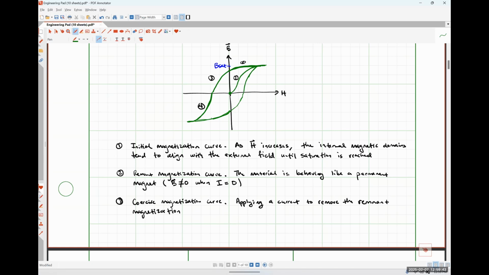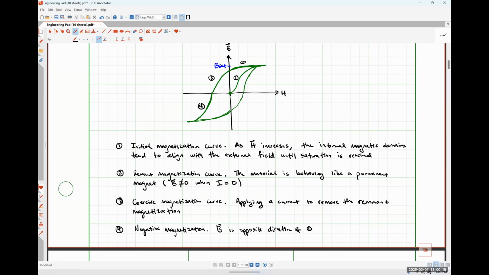So the shape of the hysteresis curve, let me put 4 here. So this is just negative magnetization. And I'll just put a note here. B is in the opposite direction of our first curve.